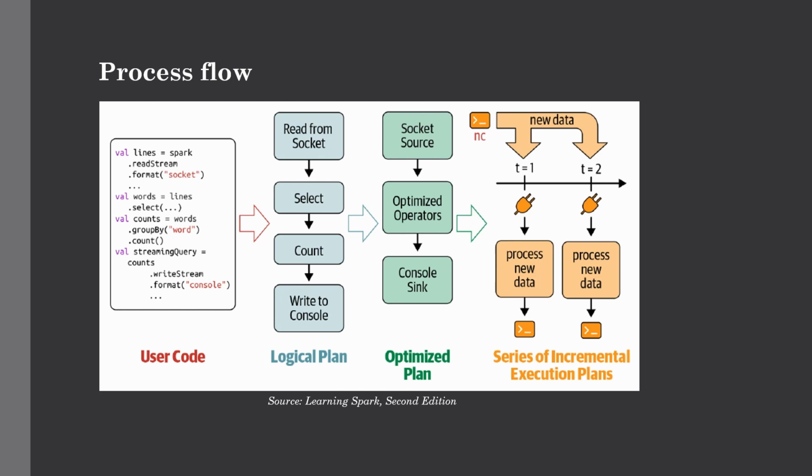To ensure failure recovery, we have a checkpoint directory which stores all the state and data, so that once we kick off our job again after termination, it will pick up from where it failed in the earlier execution.